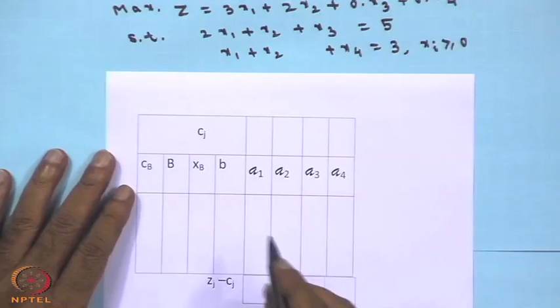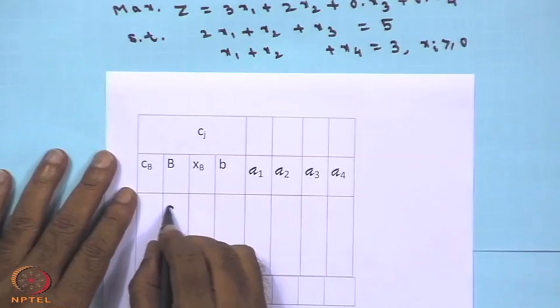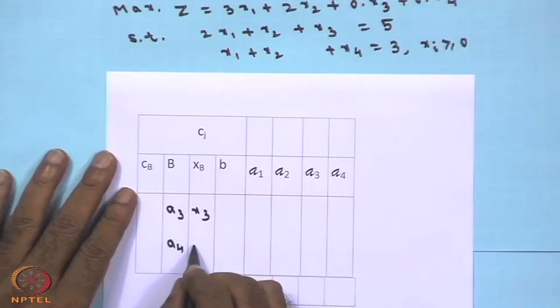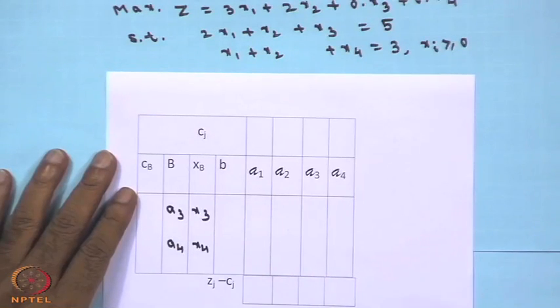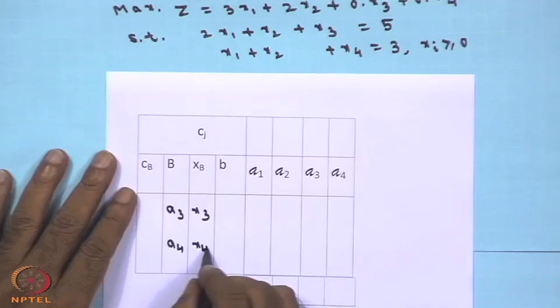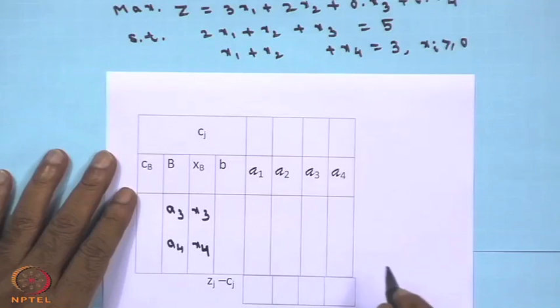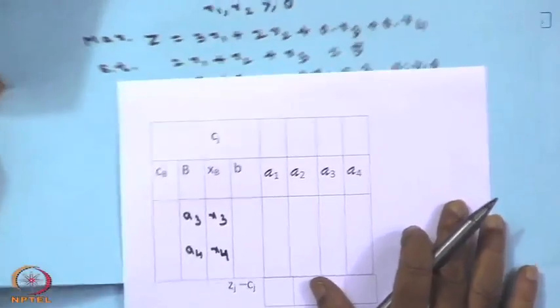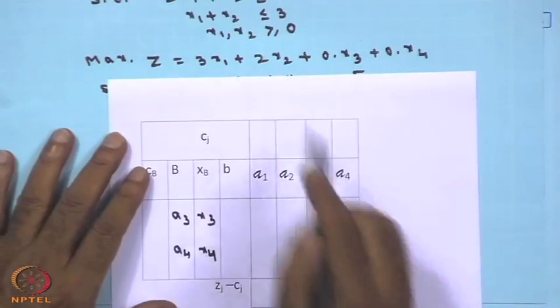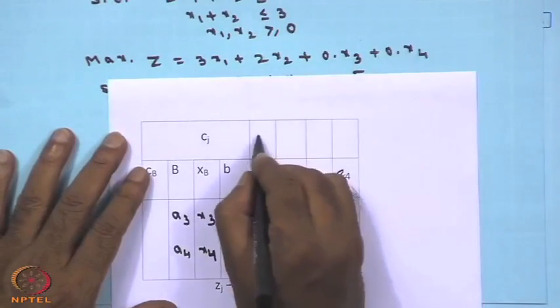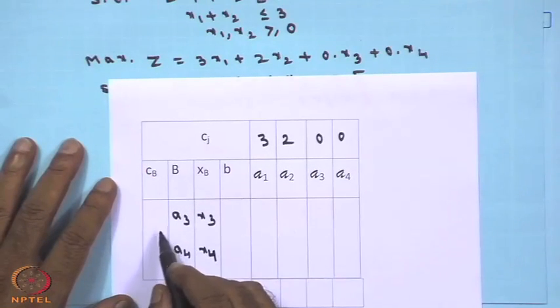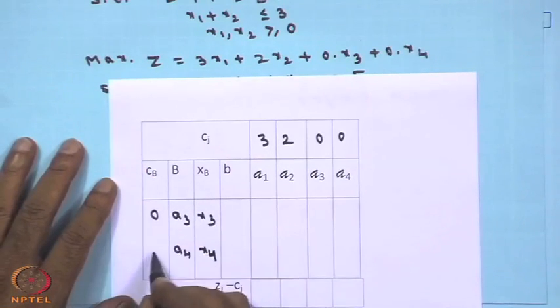So, x3 and x4 come over here. The Cj values are 3, 2, 0 and 0. Your Cb values for x3 and x4 both are 0, 0.